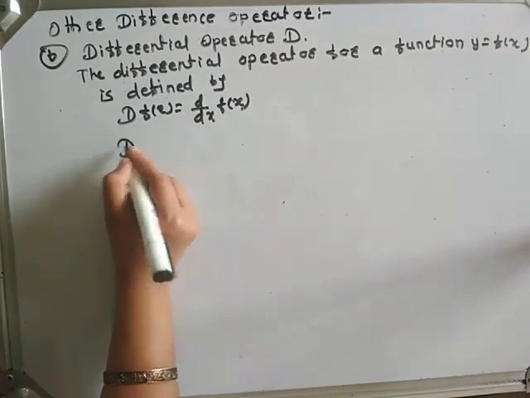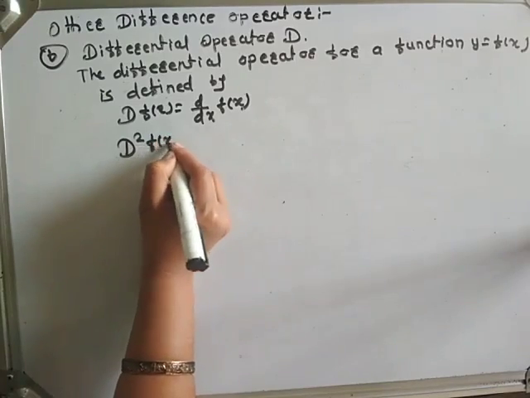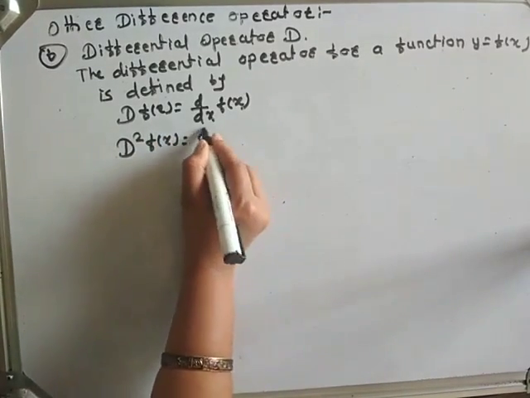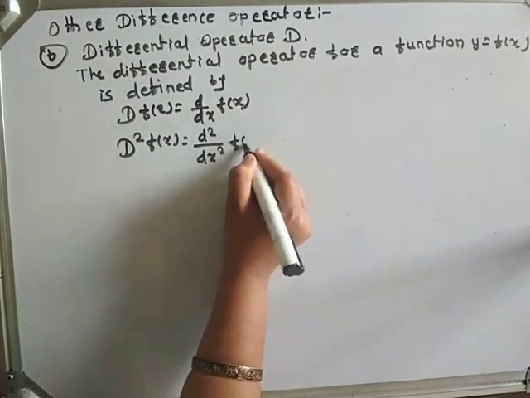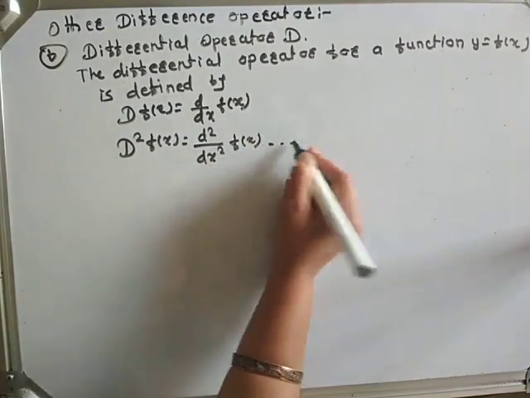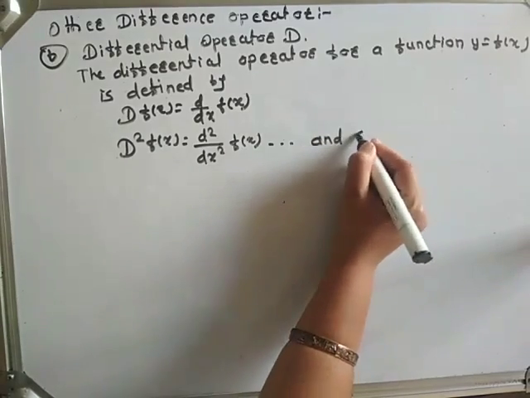D square of f of x is equal to d square upon dx square of f of x, and so on.